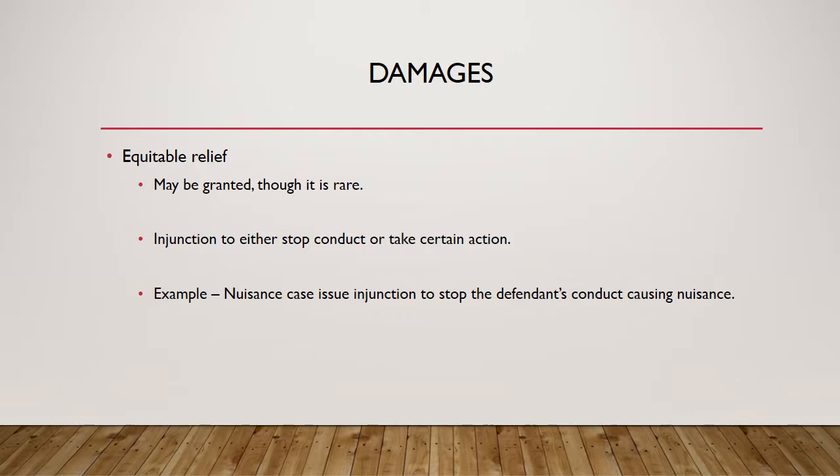In that case, the court is likely to grant an injunction compelling me to stop the flow of water as it is, so that it would abate, it would take care of, stop the nuisance that's occurring. So I would be ordered to change the natural flow of my property back so that it does not cause my neighbor's backyard to flood. That would be an example of when an injunction may be granted.